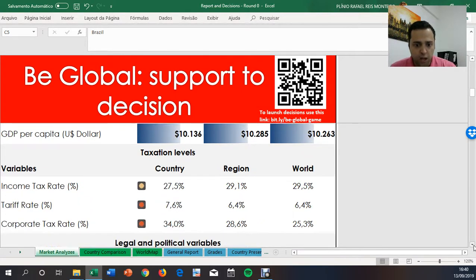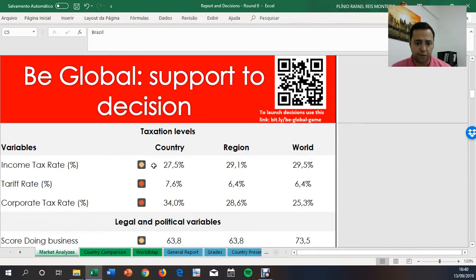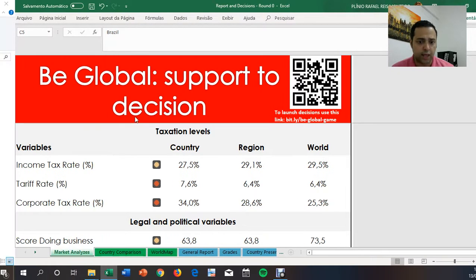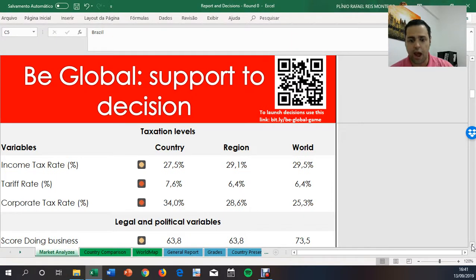And also, we can see with the red and green lights on taxation levels that the taxes in Brazil are relatively high compared to the region and compared to the world. And this could mean that we are going to pay a lot of taxes with our ride-hailing app. So this is not a good sign for opening the operations in this country.